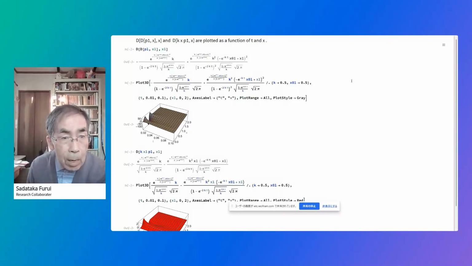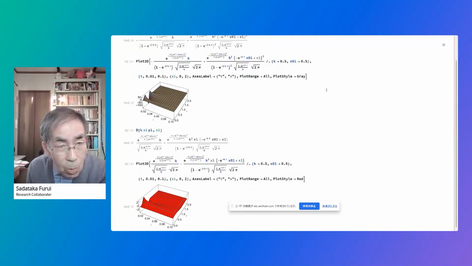The first part is the second-order derivative of P1. P1, P2, P3 are all the same in our case. And this is the second part. If we make a sum of these two, it should be equal to the left-hand side.